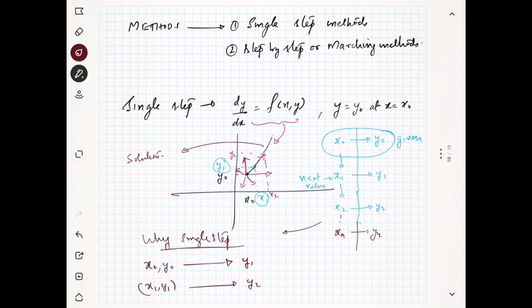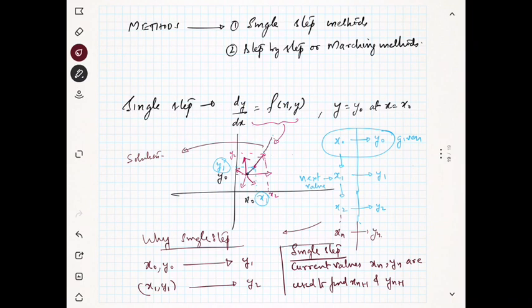We are considering only the immediate previous one, or we can say we are using the current values to find the next. That means xn and yn are used to find xn plus 1 and yn plus 1. That's why we call this the single step method.